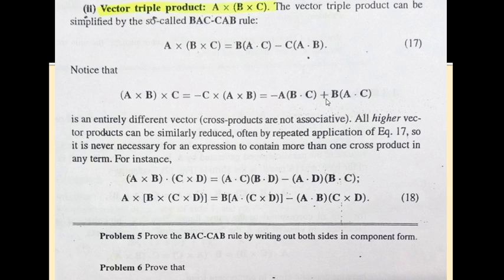There is also the possibility that 4 vectors are given: A cross B dot C cross D, as it is distributive.